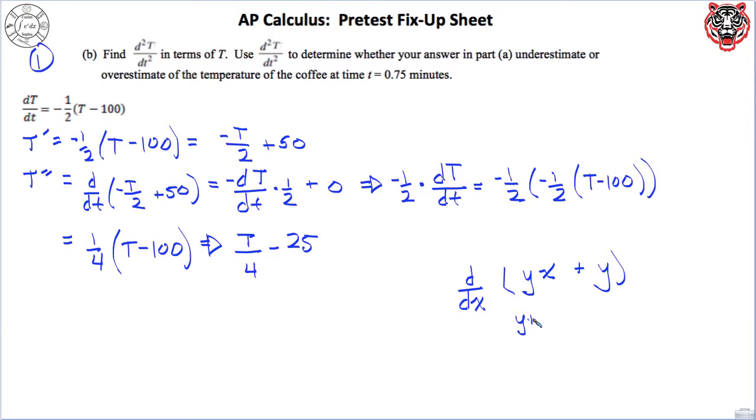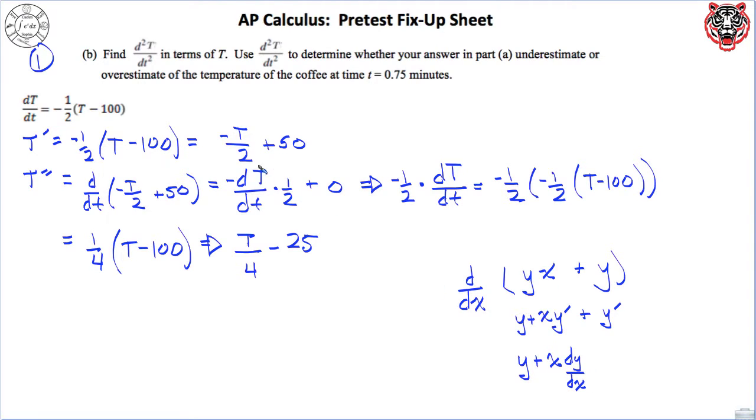So this would be y plus x y prime, and then you get plus y prime over here. This is really saying y plus x dy/dx. Because we're taking everything with respect to x, the derivative of the y is still there.